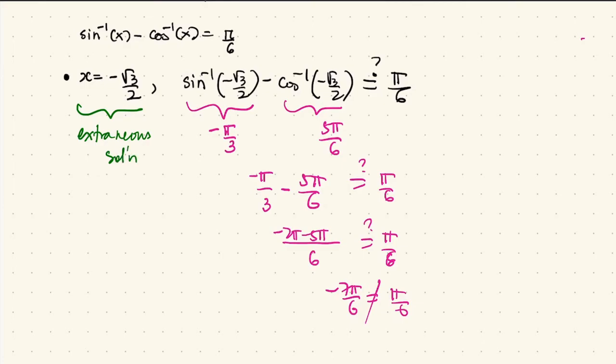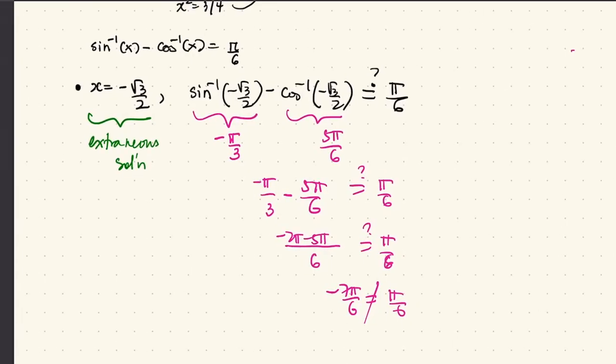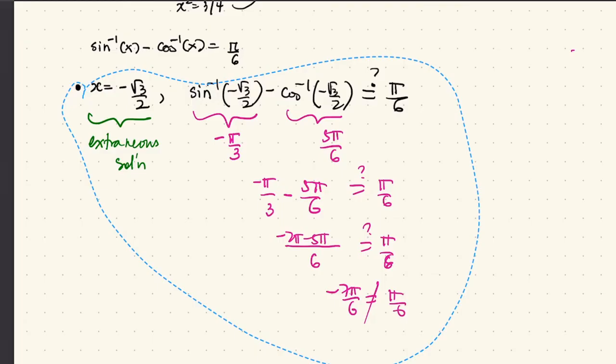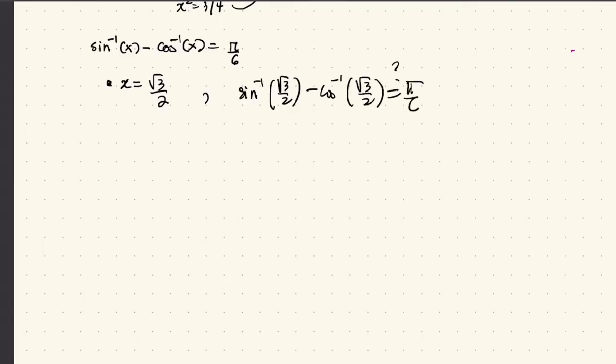Okay, let us try naman. Burahin ko na siya. Although kasali sa solution yun, ha? Okay, so when x is square root of 3 over 2. So, sine inverse square root of 3 over 2 minus cosine inverse square root of 3 over 2. Is it equal to pi over 6?